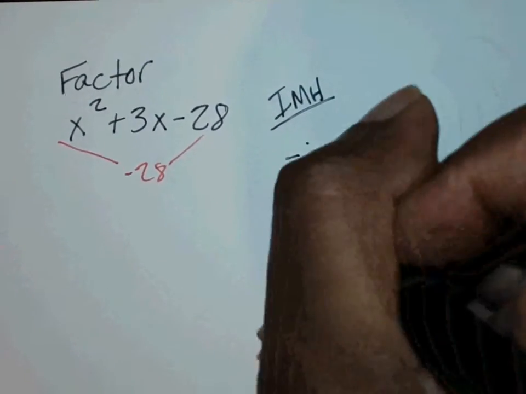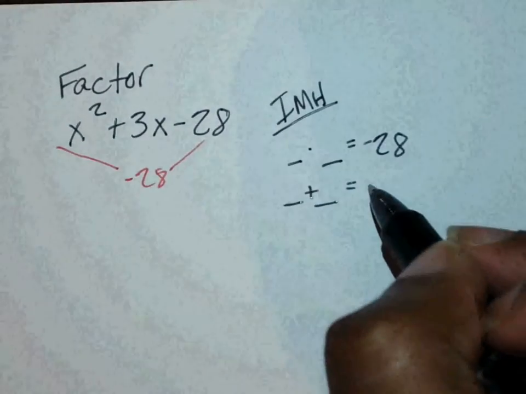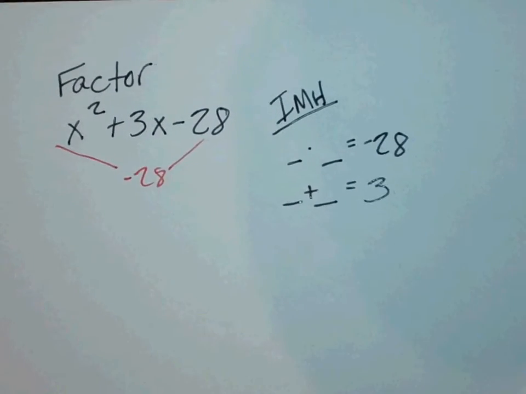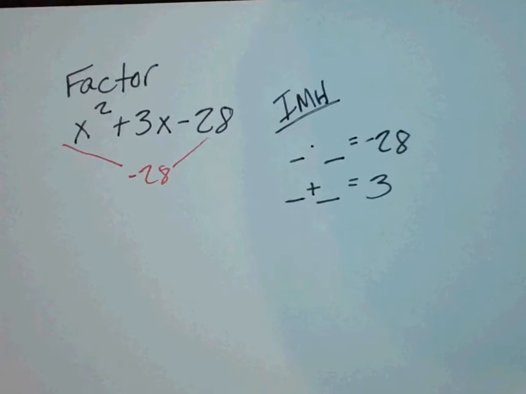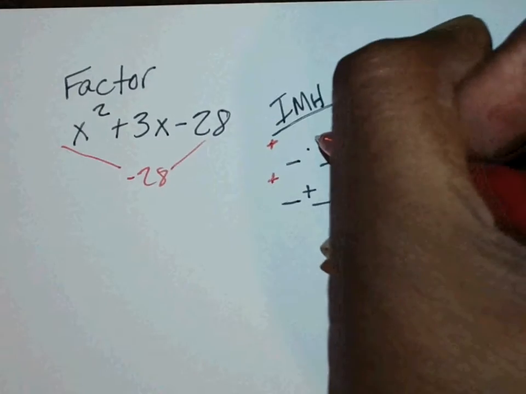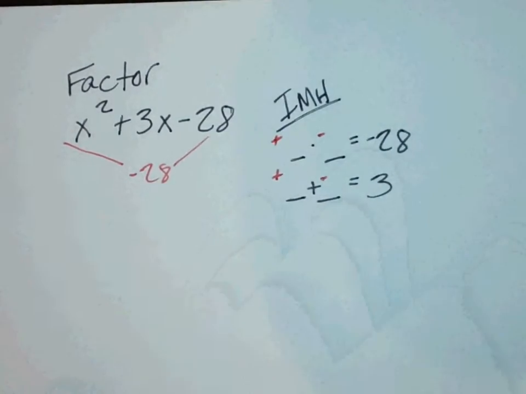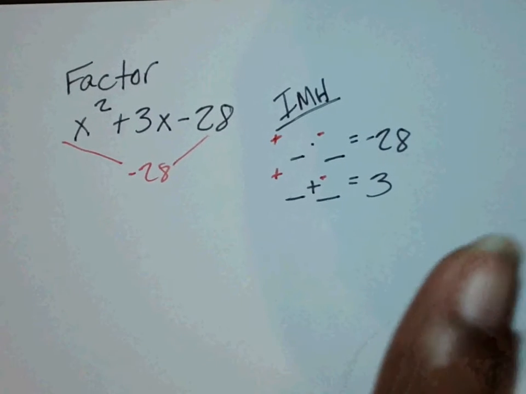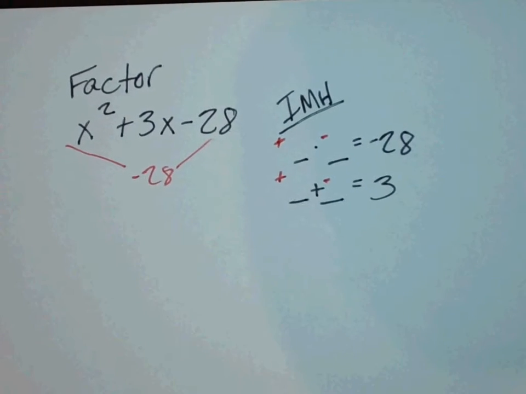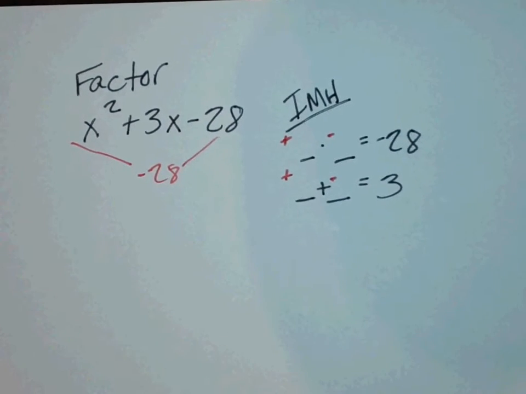But then when I add them, I'll get my B term, which is 3. And I'm remembering my rules. My largest number will be positive. My smaller number is going to be negative. And technically they have to subtract. So two numbers that when I multiply them I get 28, but then technically I'm going to subtract them to get 3. Let me think.